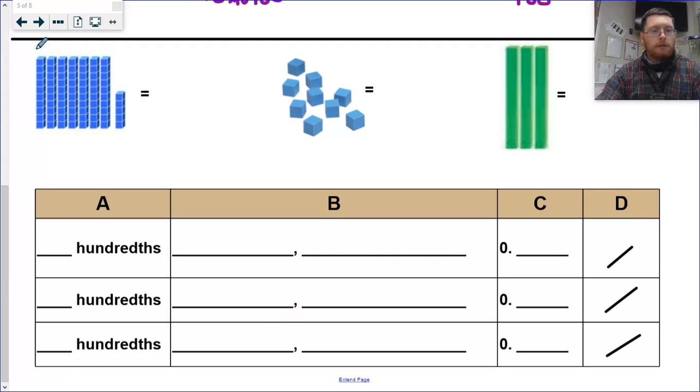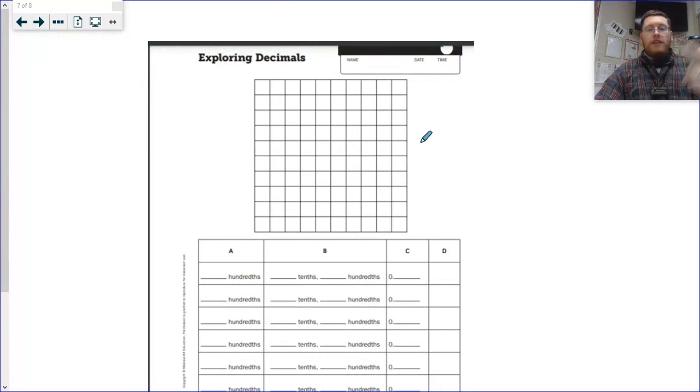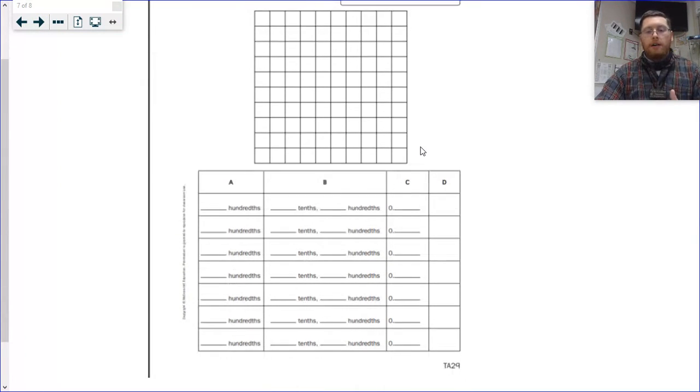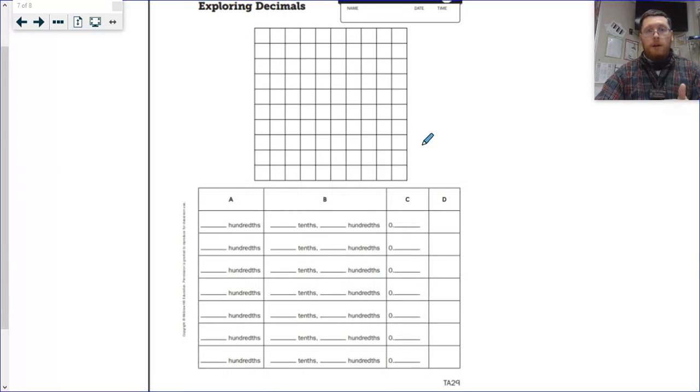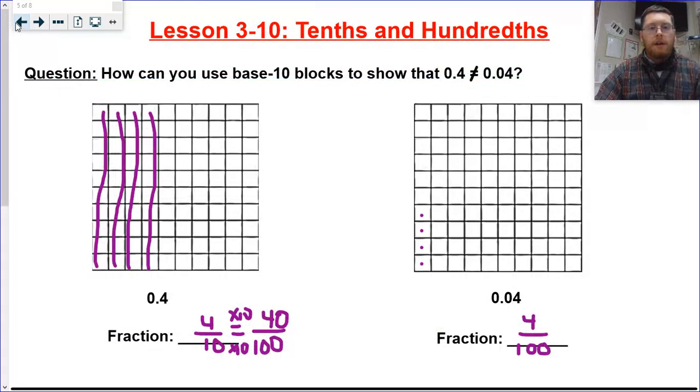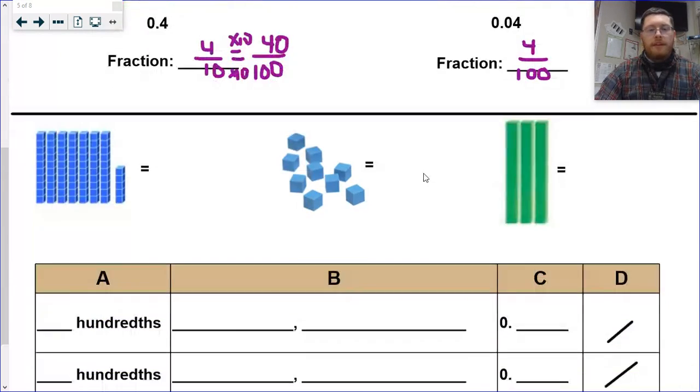This is TA 29. That's inside your packet. With this page, it's not really going to be that helpful except for extra practice, because this activity involves using base 10 blocks, but I'm going to show you how you could just pull up a random number from 1 to 100 and apply it to this sheet.